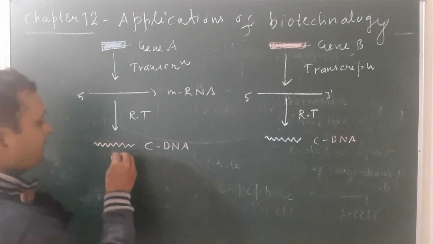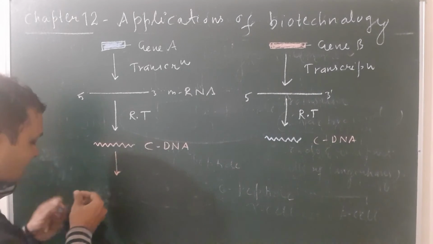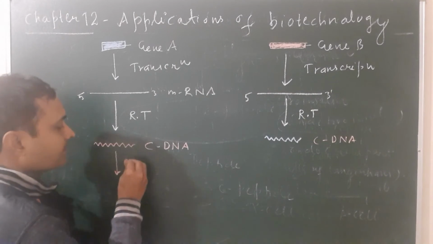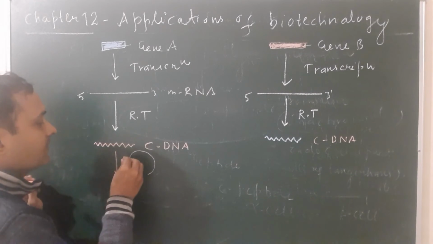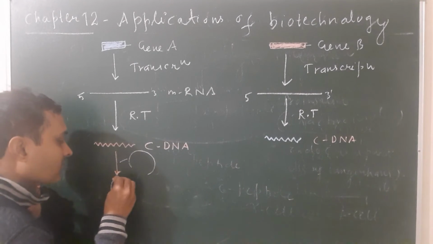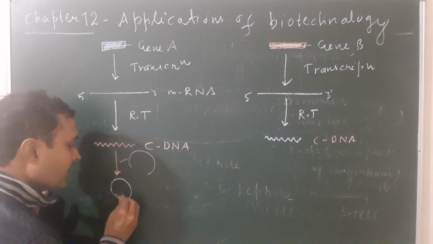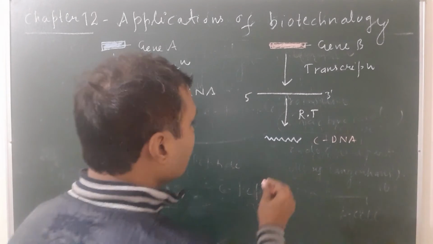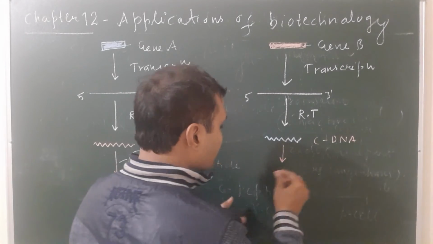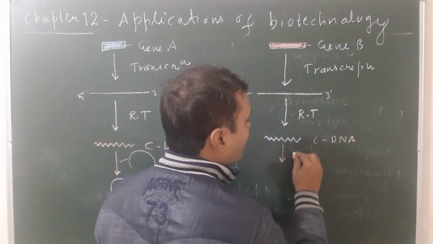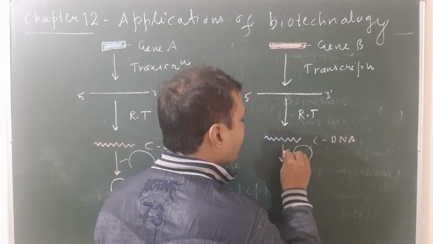Now this cDNA is combined with a plasmid vector to form recombinant DNA.